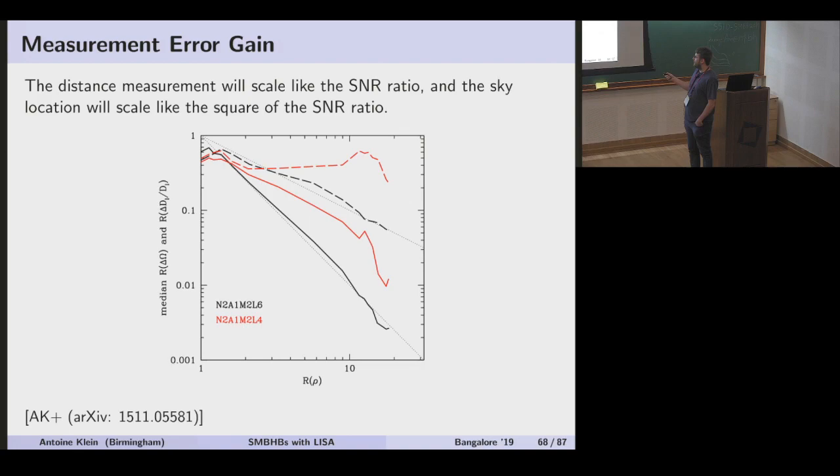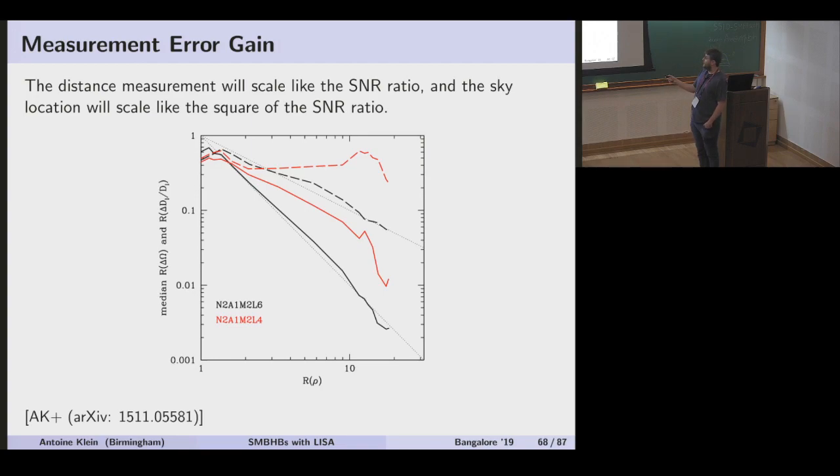For LISA, the black curves are relevant, and they show how much you reduce your error on the parameter in question versus how much excess SNR you have in the merger compared to the inspiral only.